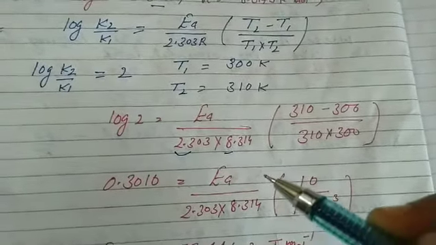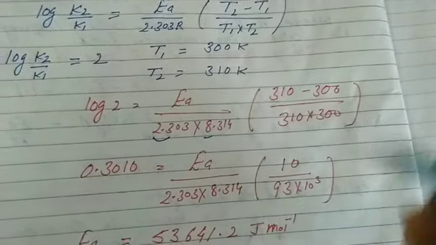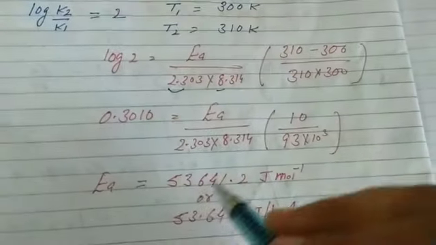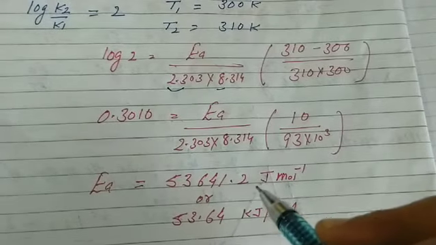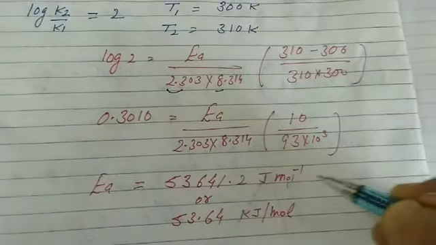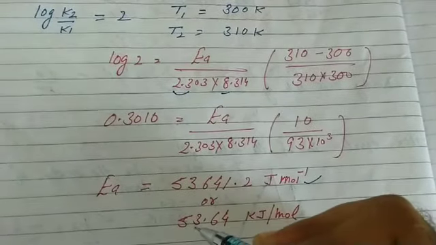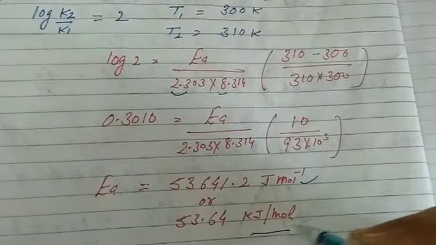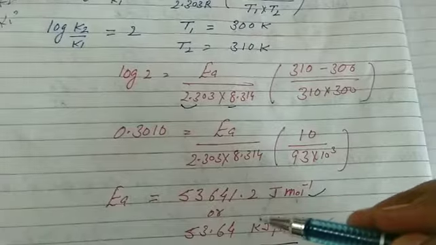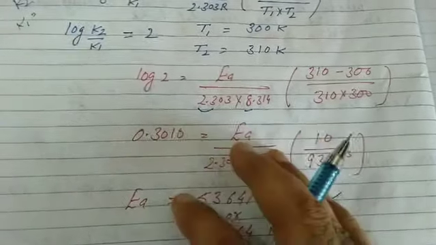Multiply 2.3 by 8 and then solve it. After calculating, we got 53641.2 joule per mole. Friends, after this we convert it to kilojoule. Our answer is 53.64 kilojoule per mole. That's the simple way to find activation energy using the Arrhenius equation.